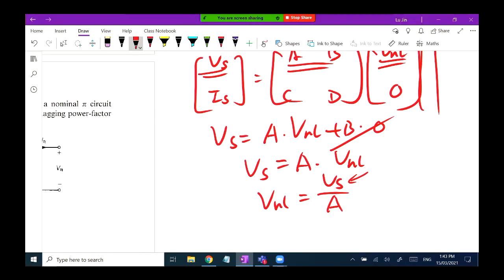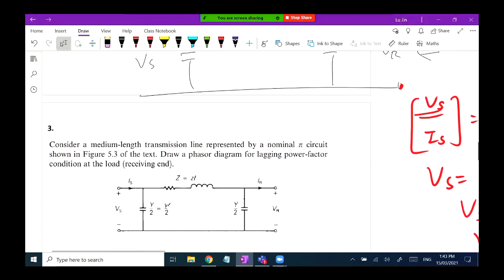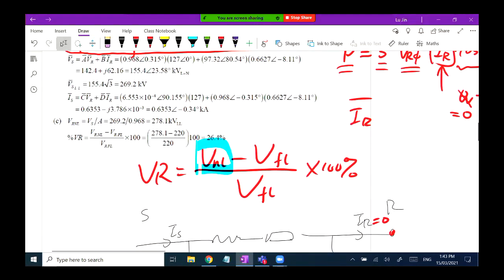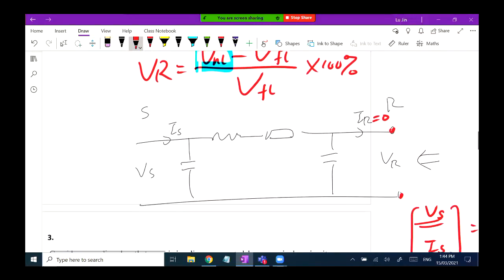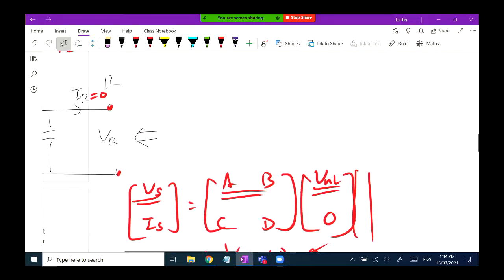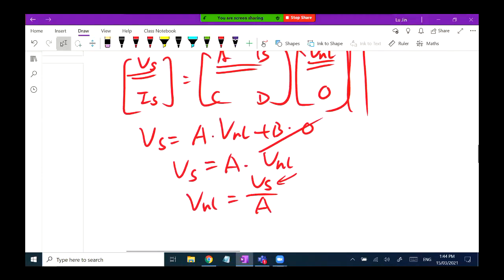But when you calculate the voltage regulation in this formula here, all the terms are only values, no angles. So theoretically, by using the ABCD model, this VS should be a vector, but we focus on the magnitude only. You can save some work. You can involve the angle, but it's not necessary for the calculation of the voltage regulation.